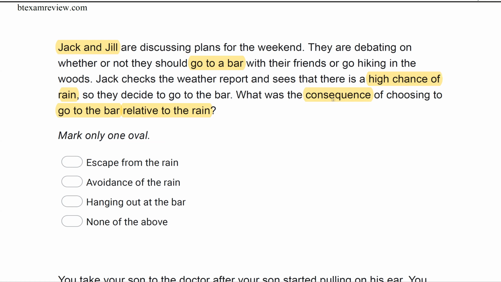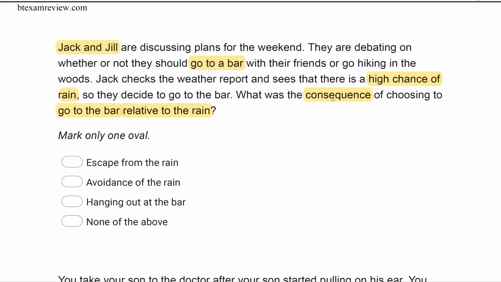Well, it signaled to them that there's a chance that punishment is now available if they go hiking. Because when you look at the weather report, it says it's going to rain. And if you see that it's going to rain, and then you go hiking, the consequence is likely that you're going to get rained on. So the weather report is now saying punishment is available for going hiking.